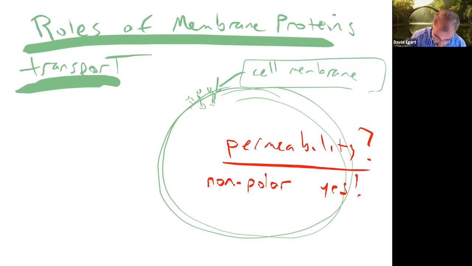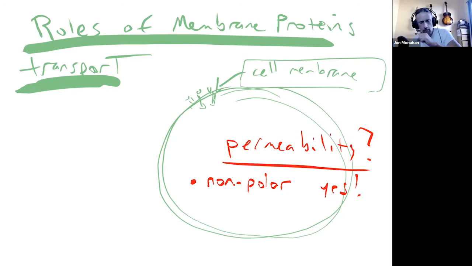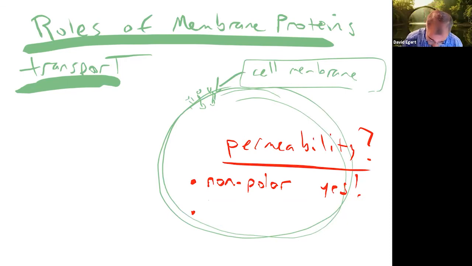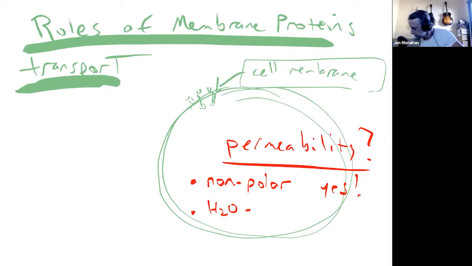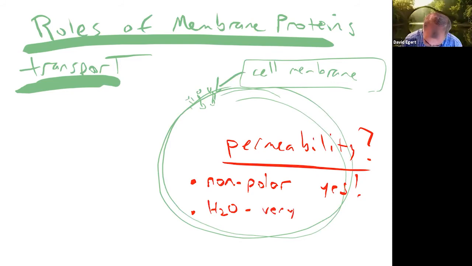What else do we know about permeability of a cell membrane? Water can get through. So water, and what is it about water that allows it to do it? It's tiny. Yeah, so very tiny polar.